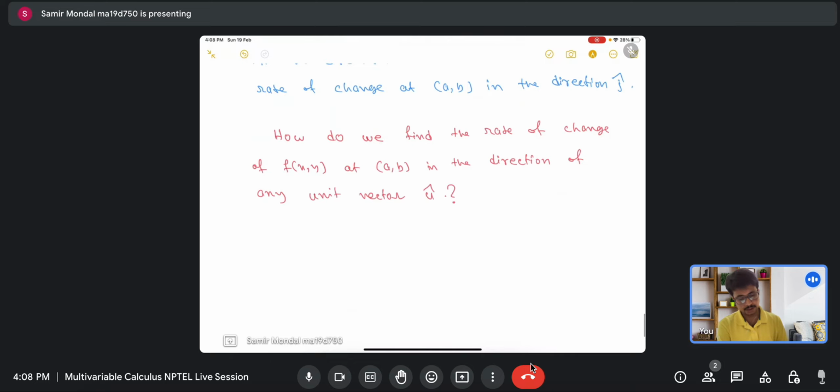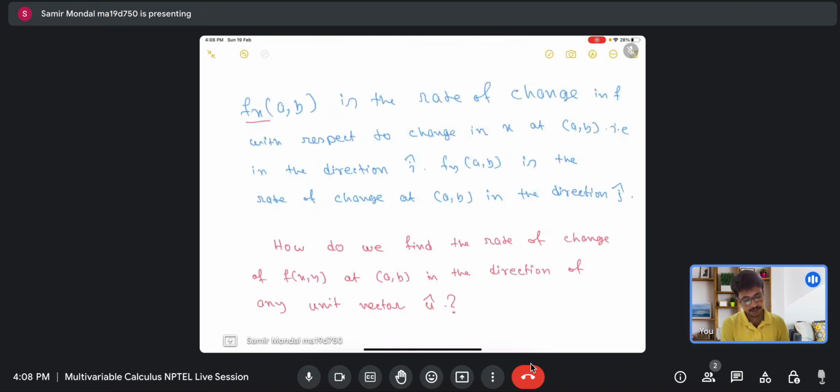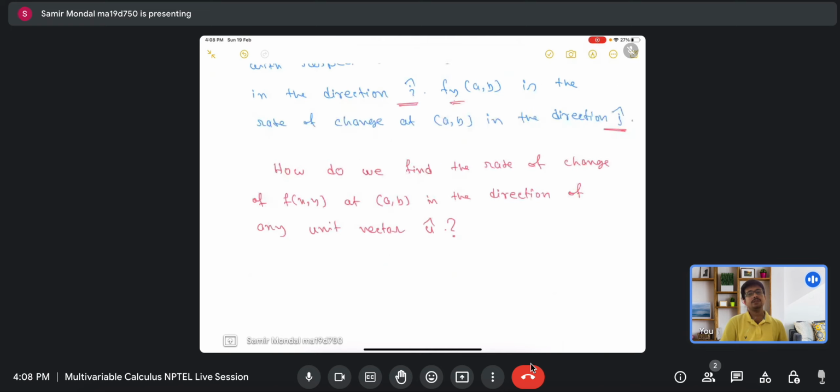This is our question. f x is the rate of change in the direction i cap, the unit vector along the x-axis, and f y is the rate of change at the point a b in the direction of j cap. So how can one find the rate of change of f of x y at the point a b in the direction of any unit vector u cap?